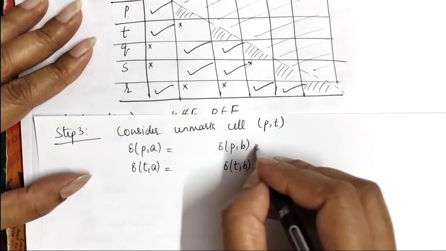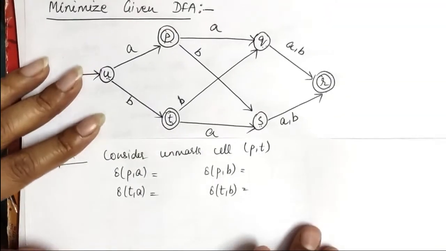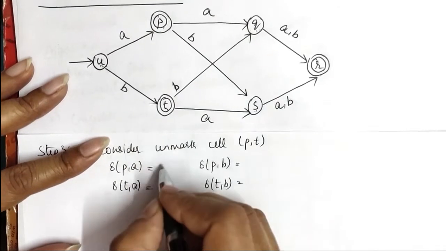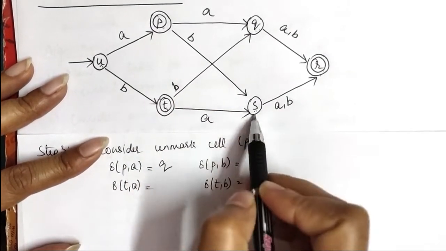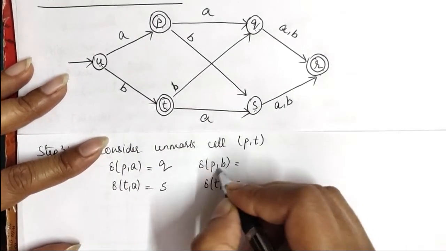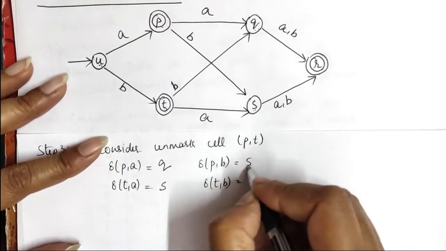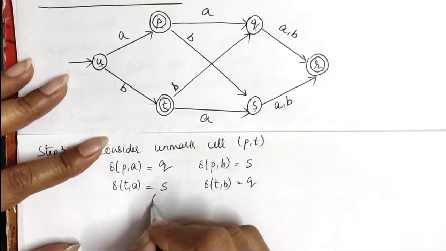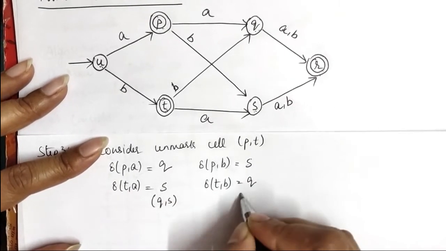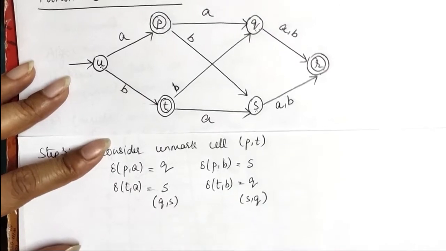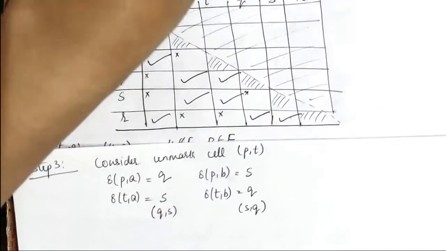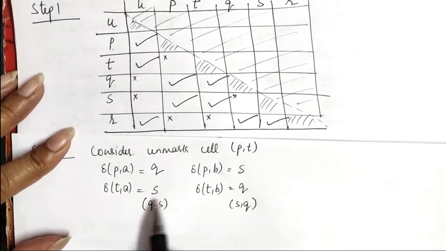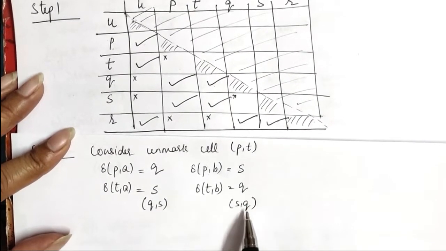Now see here, in case of this example, P with small a gives Q, T with small a gives S, P with small b gives S, and T with small b gives Q. So the pair becomes Q comma S and S comma Q. Now check in the table whether this resultant pair is marked or unmarked.